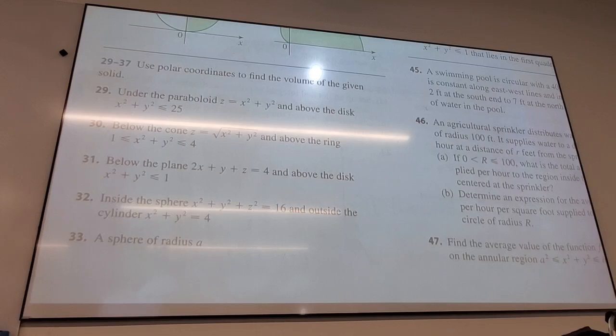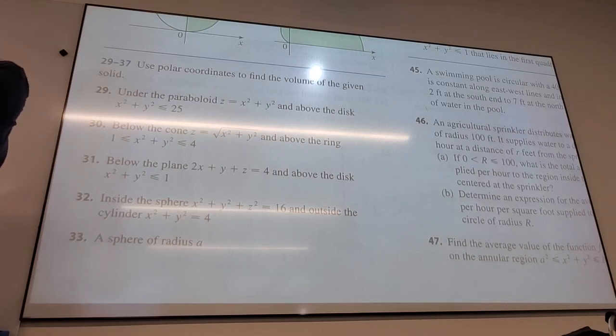So the region in the XY plane is just a what? Circle of radius 1. Good. So we have that. That's easy. But the function I want to integrate under is what? This is where you have to.